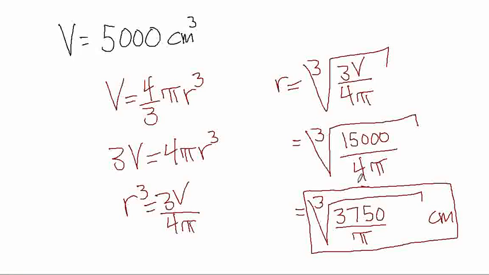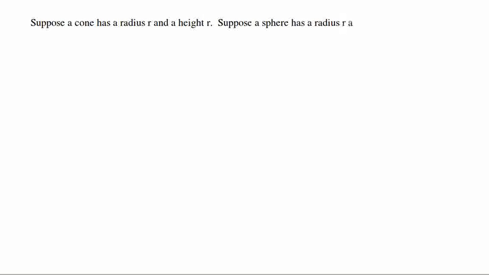Now, I'd like to close with one last type of problem. Try this one. Suppose a cone has a radius r and a height r. Suppose a sphere has a radius r as well.